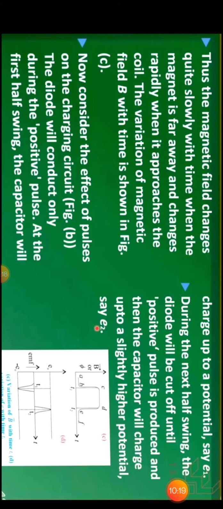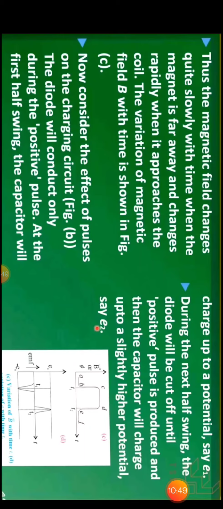Now consider the effect of the pulses on the charging circuit. In figure B, the diode will conduct only during positive pulses. At the first half swing, the capacitor will charge up to a potential, say E1.